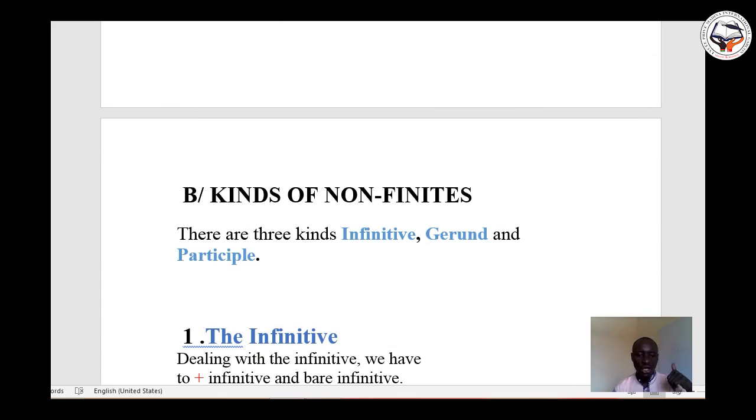So we have seen the infinitive and the gerund. After the coming lessons, we'll see the participle, and after this we'll deal with compound and complex sentences.